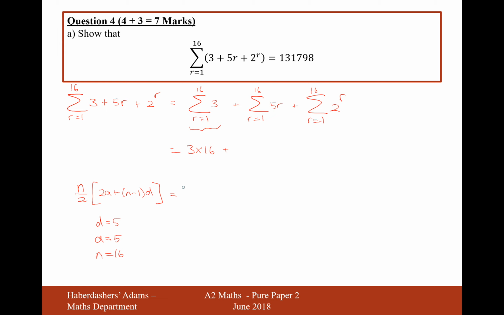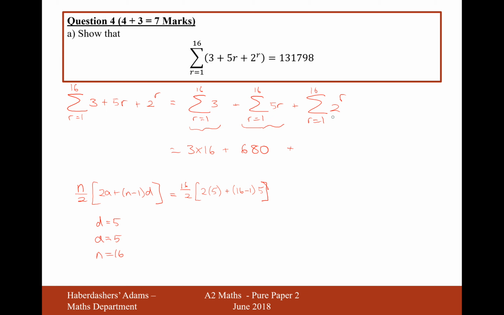So when we plug this into the formula, 16 over 2 lots of 2 times 5 plus 16 minus 1 lots of 5, and we type all of that into our calculator, 8 times bracket 2 times 5 plus 15 times 5, we get 680. So 680 is the result of this one here.